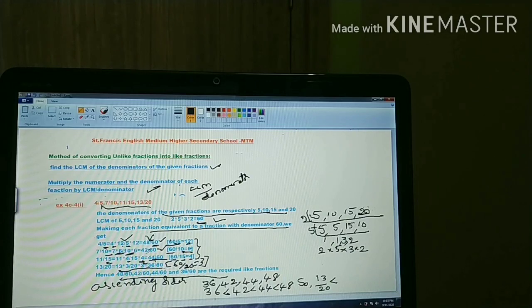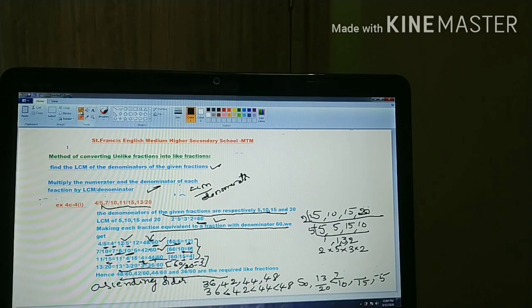Which fraction? 7 by 10. Then 11 by 15, and this one is 4 by 5. These are the ascending order of the given fractions.